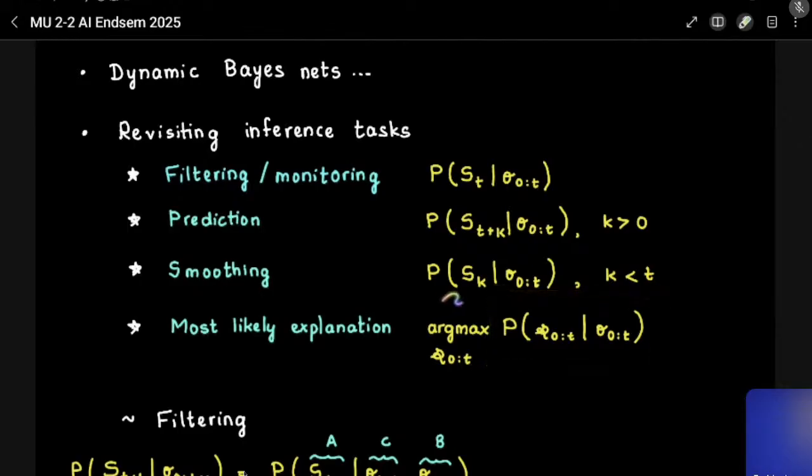So that is the meaning of argmax. So which argument should I give to this function so that I get maximum value out of it? In this, I have to give hidden states in such a way that this probability is maximum.